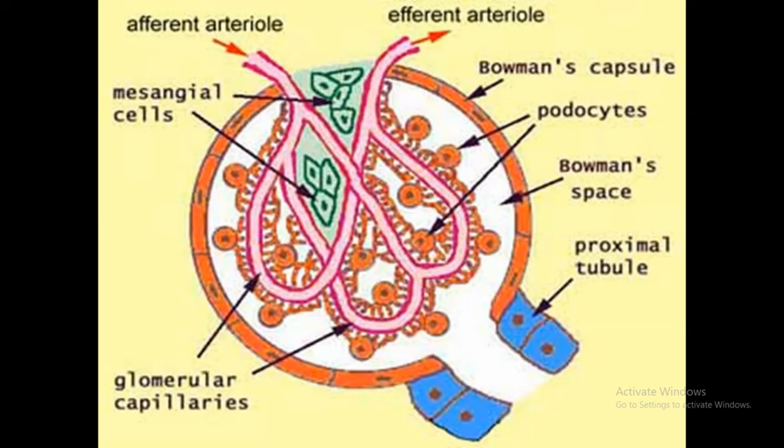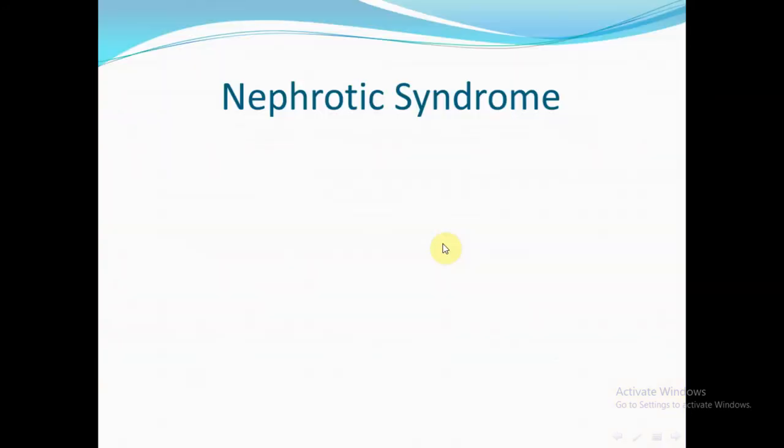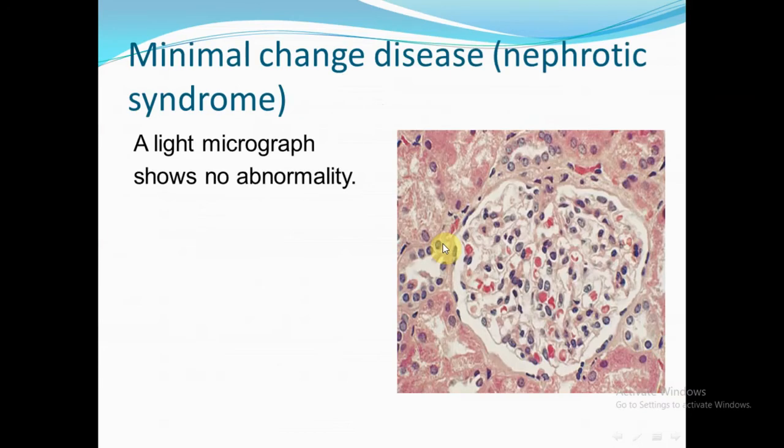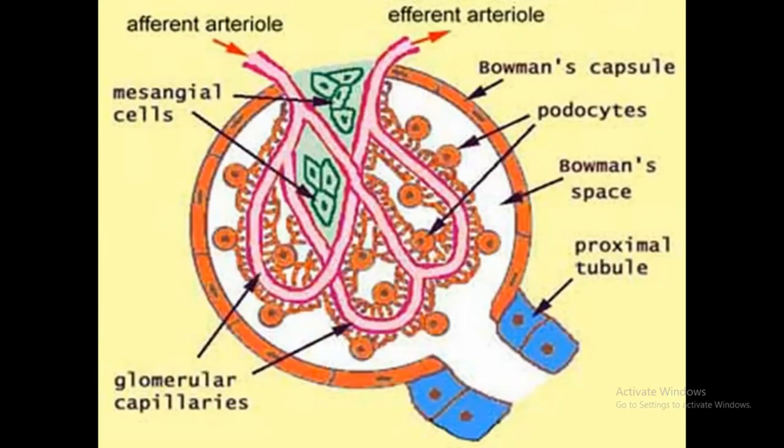First, you surely studied the normal histology, the structure of glomeruli. The normal structure simply consists of the Bowman capsule, which has the outer or parietal layer and the inner or visceral layer, which is called the podocytes.